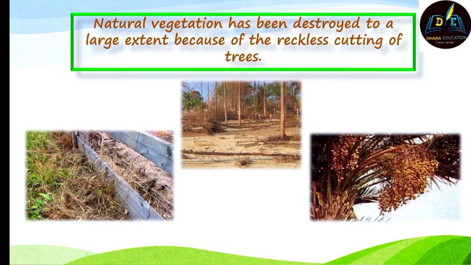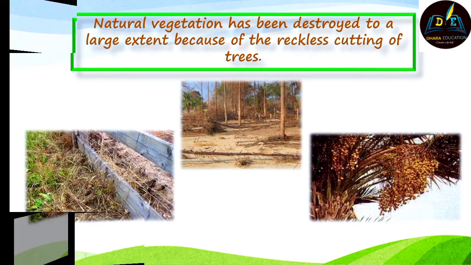The third picture shows the dryness of the plants, just because of climatic conditions and changes, and also because humans are not taking care of the plants and tall trees. Because of this, natural vegetation has been destroyed to a large extent, and because of the cutting of trees, climatic changes happen drastically day by day.